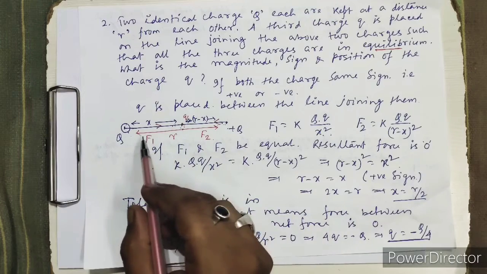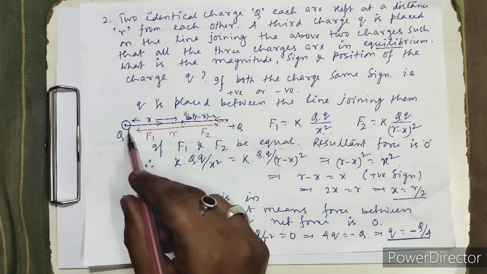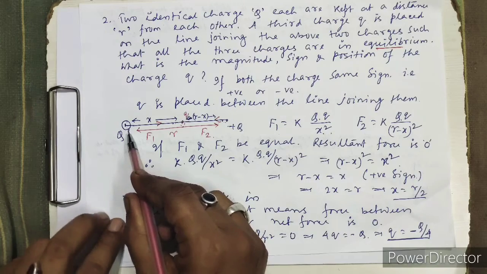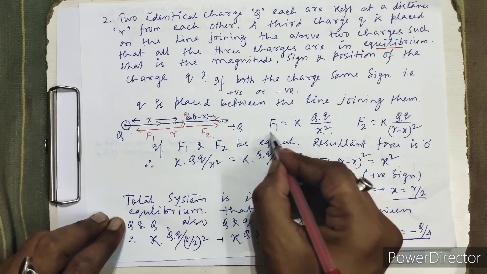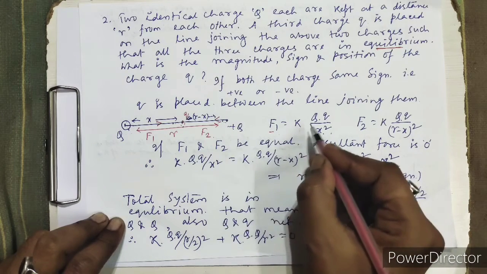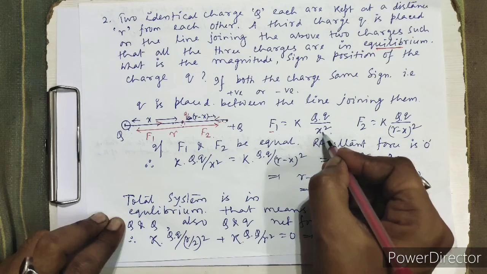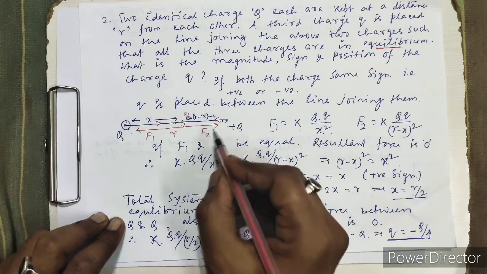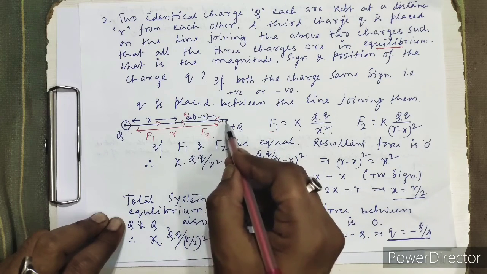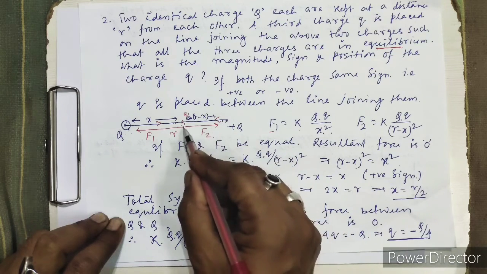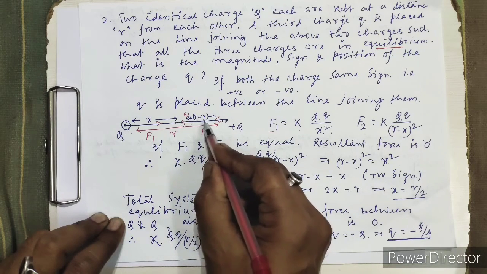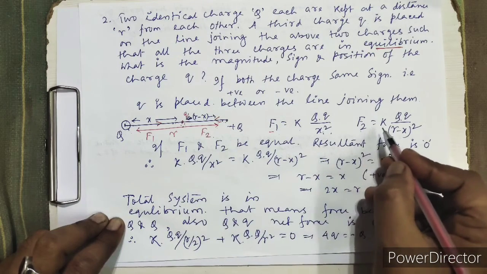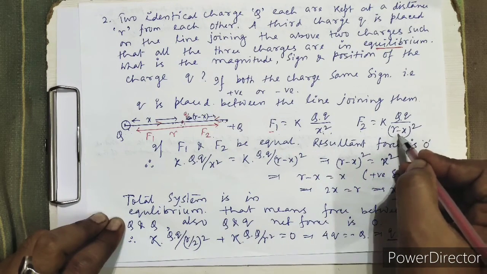Now, the force between capital Q and small q at a distance x is F1 equals K Qq by x square according to Coulomb's law, and F2 is the force between capital Q and small q on the right part, where the distance is r minus x. F2 equals K Qq by r minus x whole square.